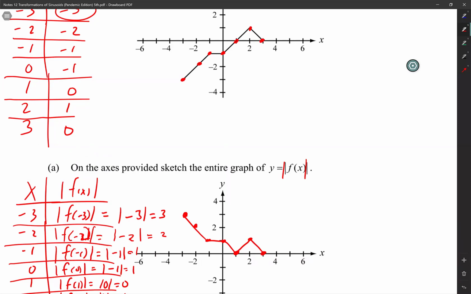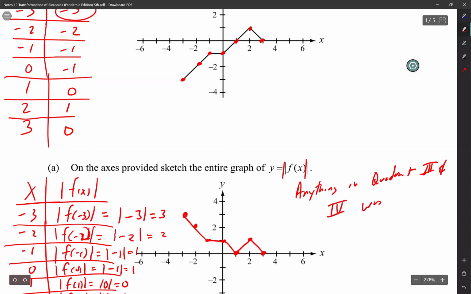What happened? Anything that was in quadrant 3 and 4 just got reflected across the x-axis.